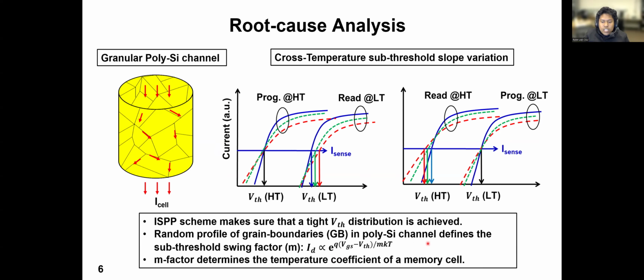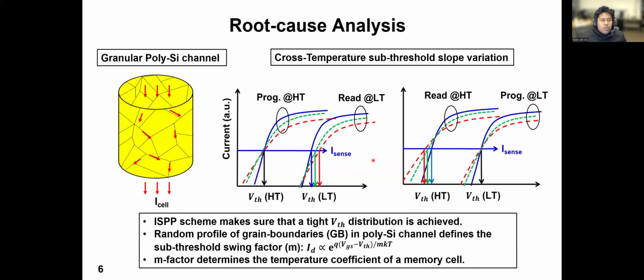And this M factor determines the temperature coefficient of a memory cell. So depending on this very high value or small value of this M factor, the subthreshold slopes change when the sensing temperature is changed. So when sensing temperature is changed, because this isense level is fixed on a chip, when it is read again, now the VT distribution gets an extra spread, because the crossing point of IV have now moved up or down depending on the temperature change direction.